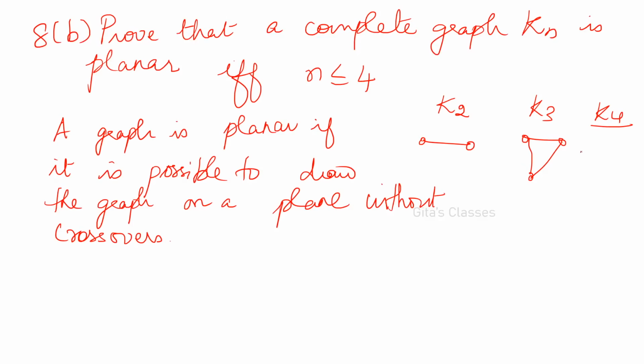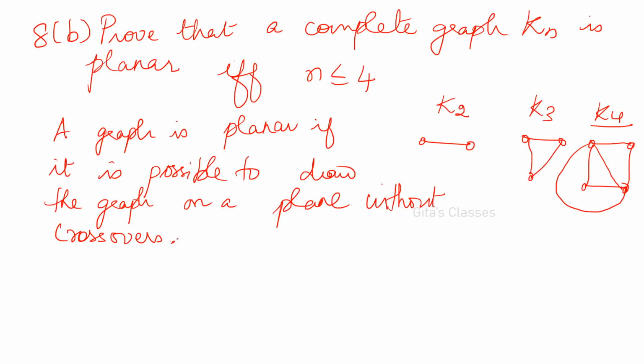So K2, K3, K4. K4 is also a planar graph. This we can prove; this already I have explained. K2 is planar, K3 is planar, K4 is also planar.